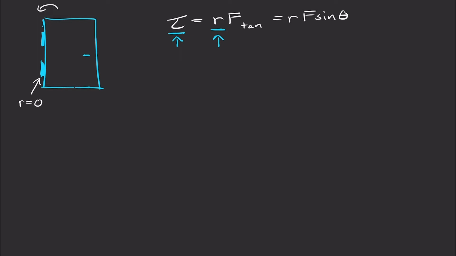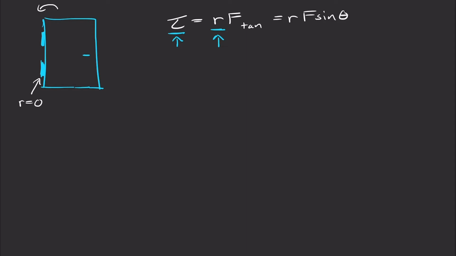It's the furthest away, so it's easiest to push. If you push at the hinge, there is no torque, and if you push along the door radially, it doesn't cause any rotation, so only forces that are perpendicular are going to cause rotations.